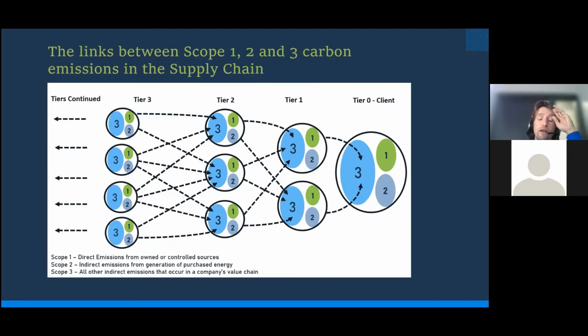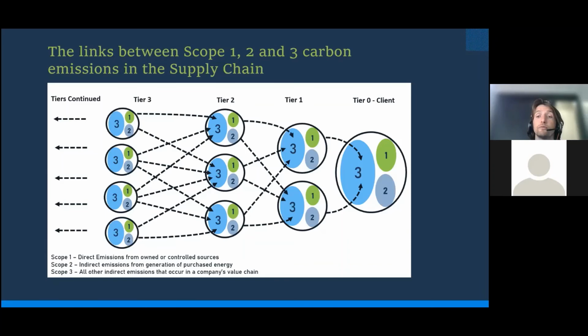What we've developed with the Supply Chain Sustainability School is a really simple tool that helps organizations measure their carbon emissions, those large circles, 1, 2, and 3. It's a free tool, by the way, that you can all use. Suppliers can then apportion their carbon emissions to their client, so it goes into their client's scope 3 emissions based on turnover.